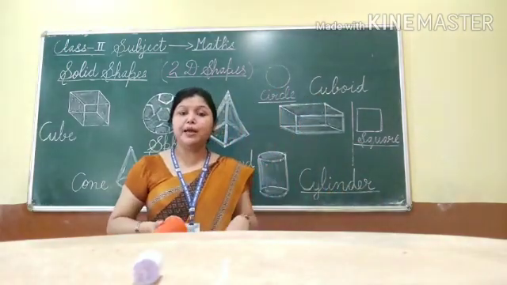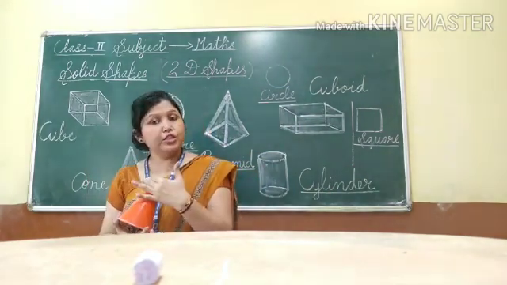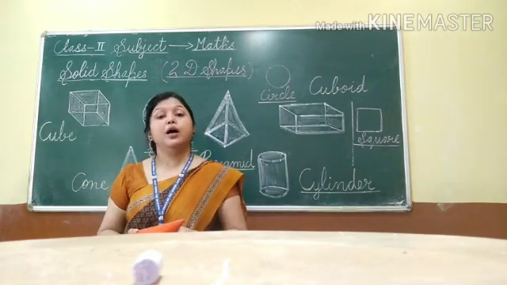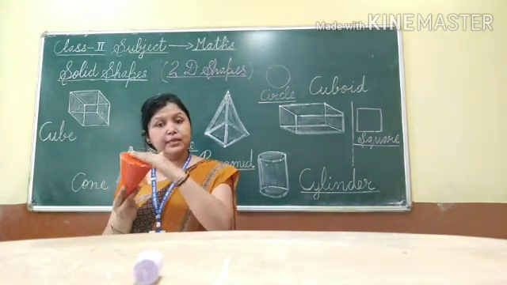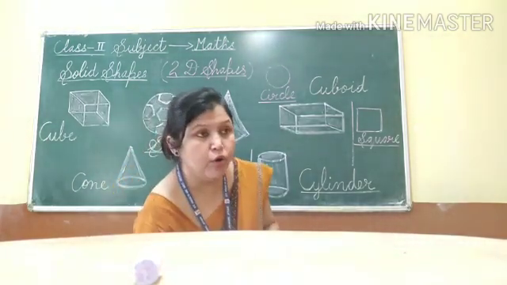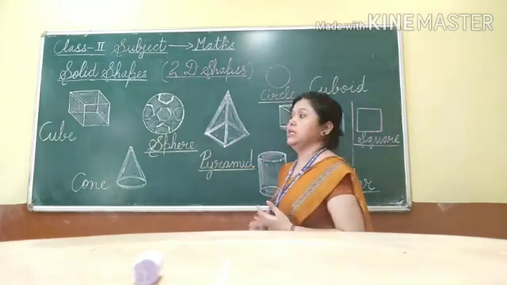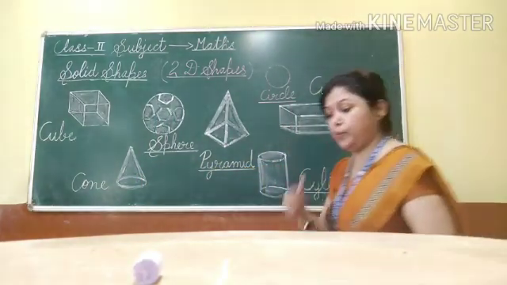So this is a two-dimensional shape, means by using a solid shape, we can get a flat shape of its base. I hope you understood 2D shapes. Now we will discuss the next topic.